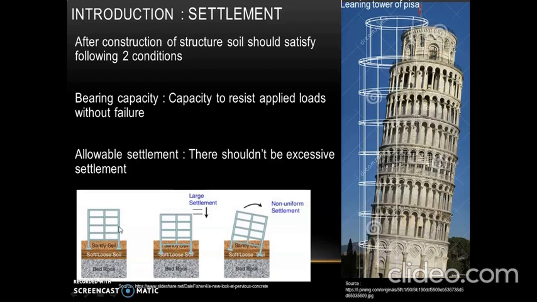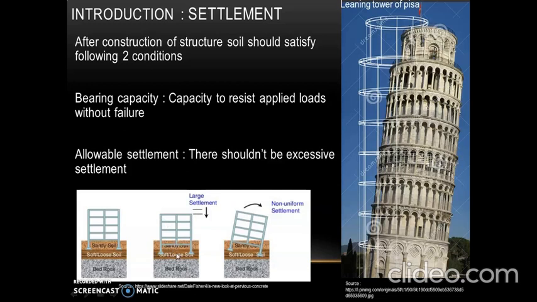Here we can see a structure which is constructed over the layers of the soil. On top we can find sandy soil, below there is soft or loose soil, and underneath there is a bed rock. After some years, the structure may settle down, and here we can see that there is a large settlement being observed. So this was the initial position of the structure, and this is the final position of the structure.